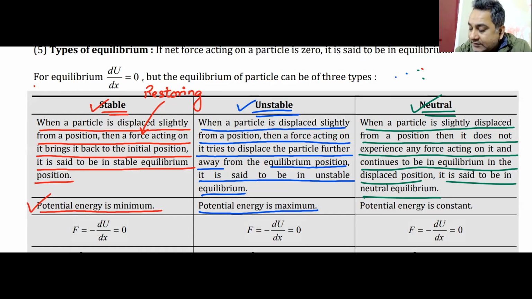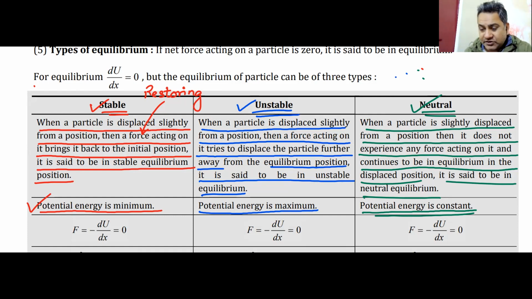In the third case, the potential energy remains constant, at the same level. In stable equilibrium, it is minimum, lowest. In unstable equilibrium, it is maximum, highest. In neutral, it remains the same. A flat surface is neutral equilibrium.